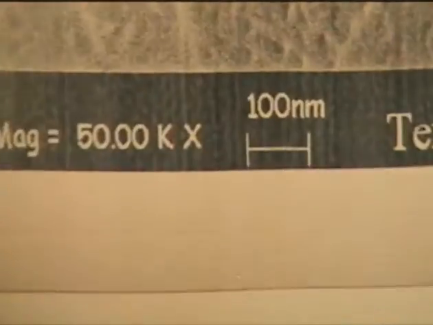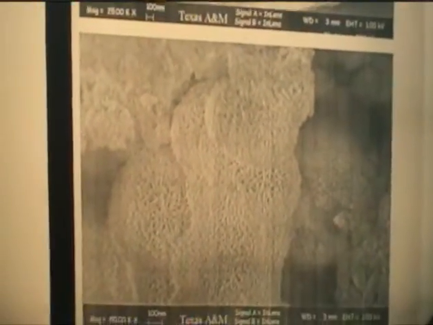And let me show you what the particles look like after the reaction is done. So this is now 100 nanometers magnification. You see, these are the particles we started with. See the spheres and the little spaces between the particles? And here's what it looks like after we're done.